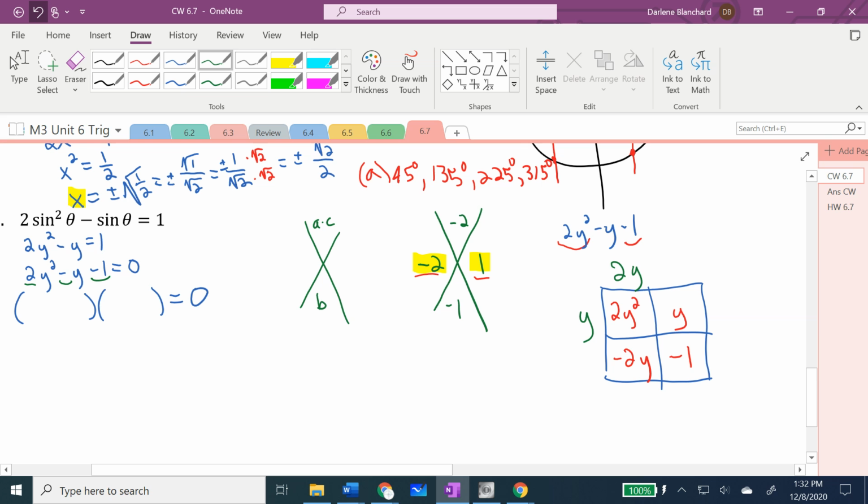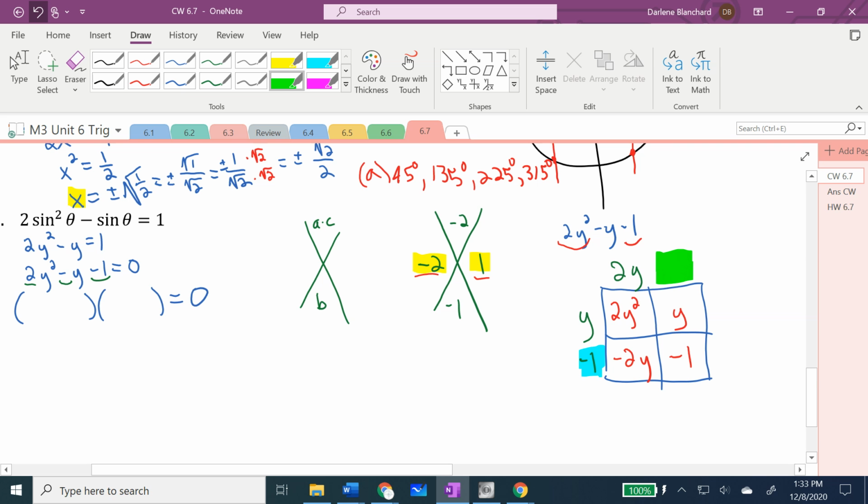And now we're almost there. What is the number that goes in the blue spot that I just highlighted? 2y times negative 1 will give me negative 2y. And I apologize, colorblind folks.